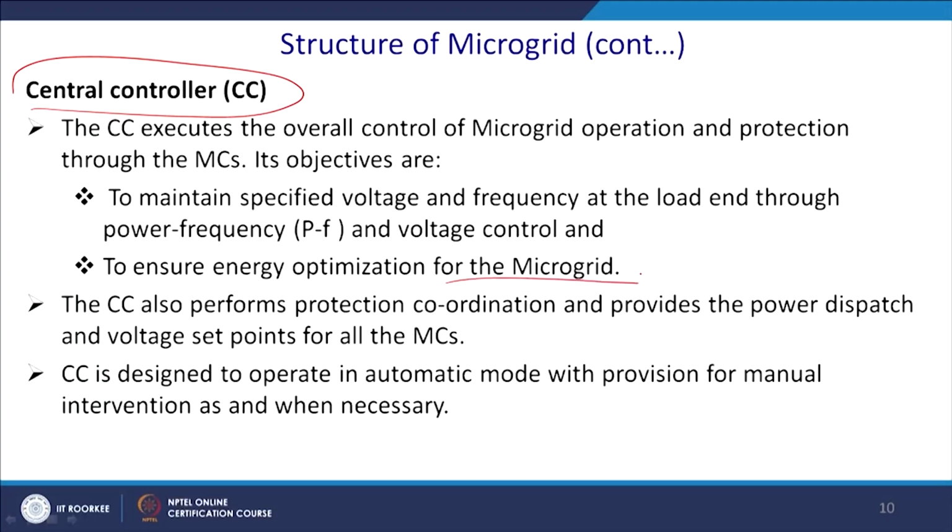The CC, the centralized control, also performs protection, coordination and provides the power dispatch and voltage set point for all the MCs. CC is designed to operate in automatic mode with provision for manual intervention whenever necessary.